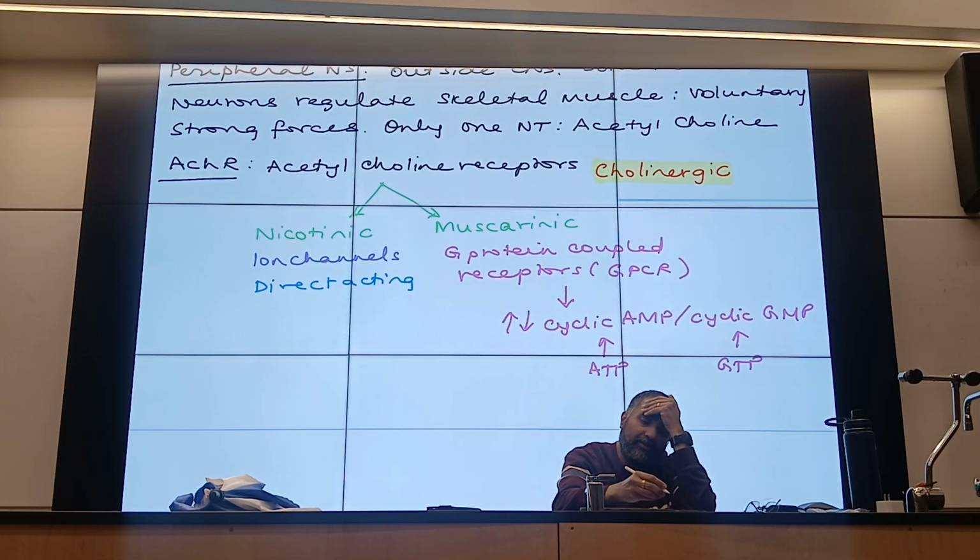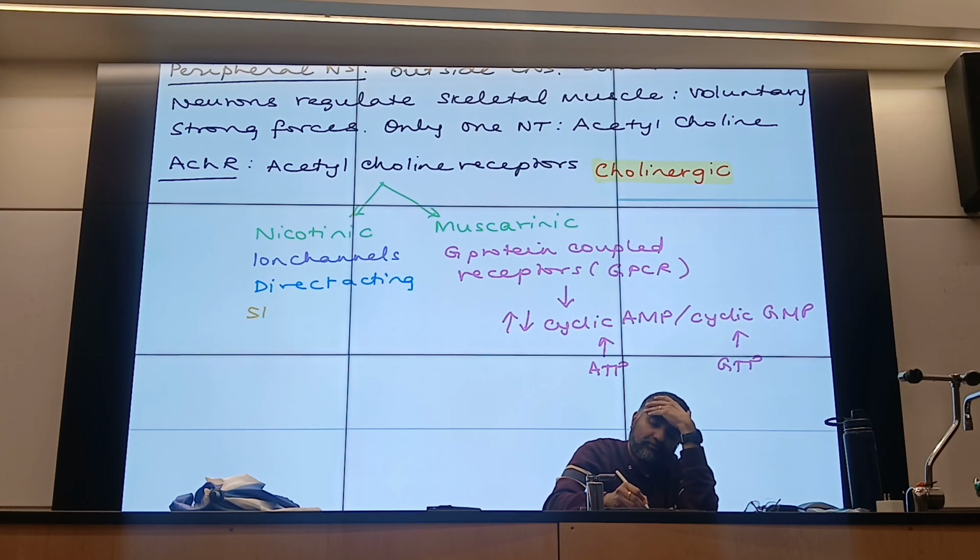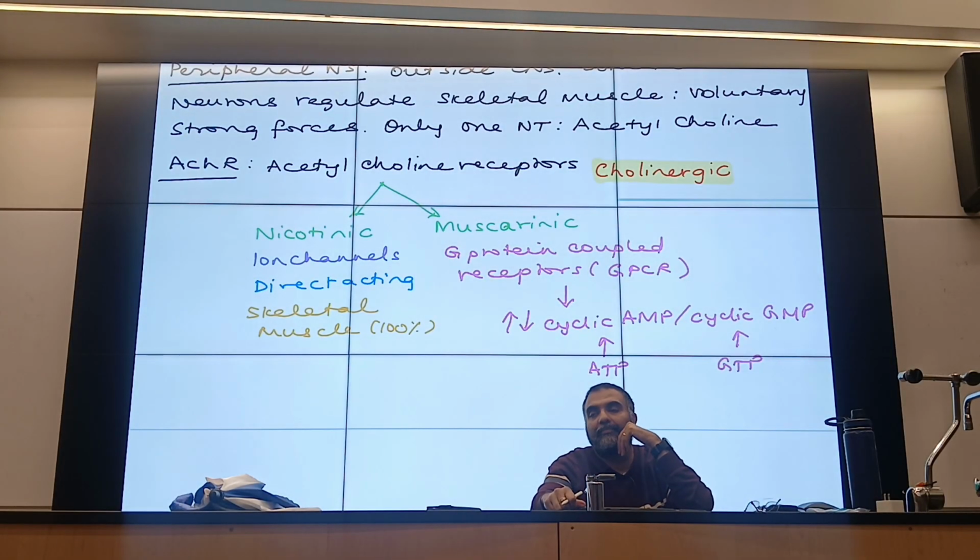All right, so again, I'll write that down. Skeletal muscle. Okay, and again, that's 100% nicotinic receptors. So where does muscarinic come in?